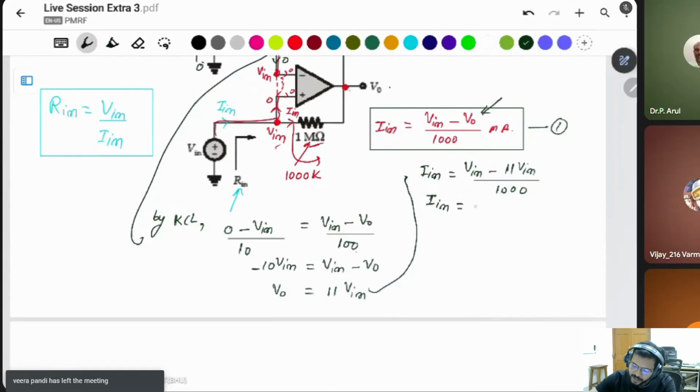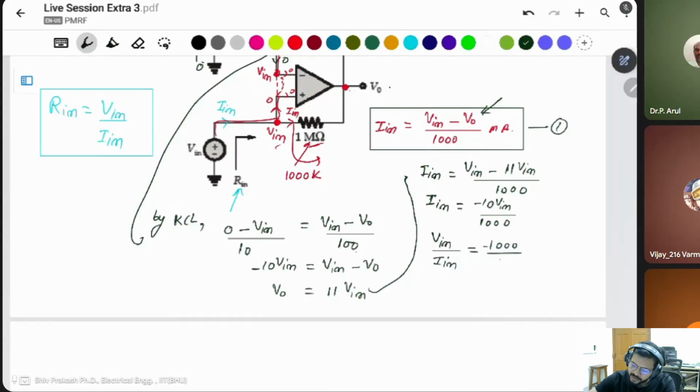This will be minus 10 V in divided by 1000. This V in going to this side, this will be V in divided by I in, is equal to minus 1000 divided by 10, is equal to minus 100K. It means you can say R in, the input resistance, is minus 100K.